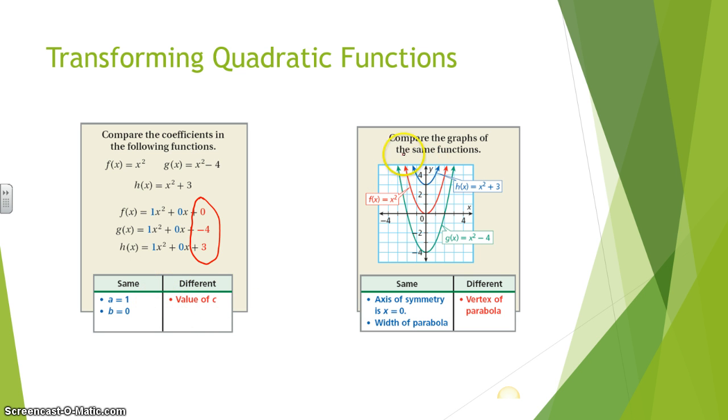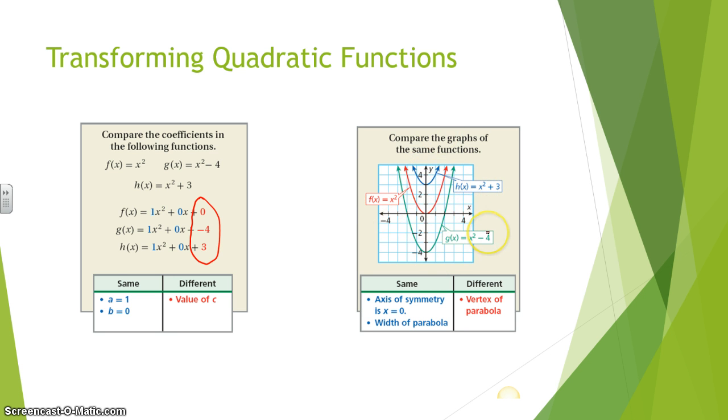When you graph these functions, f of x equals x squared is the red graph. g of x, x squared minus 4, is the green graph. And h of x equals x squared plus 3 is the blue graph.